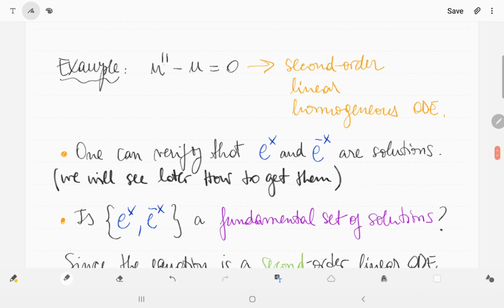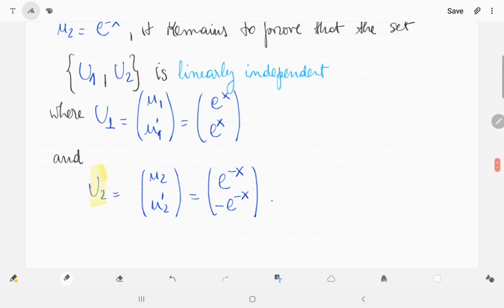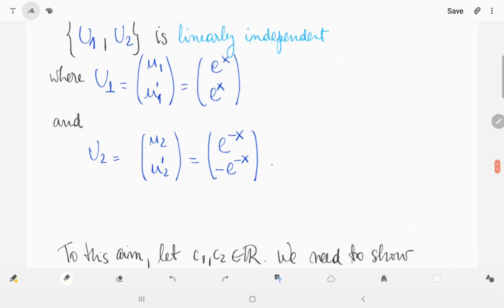Our equation is order 2, so we save the information until one less derivative. e^x is a super easy function to derive, so it's e^x. For capital U2, we have u2 and its first derivative, and the derivative of e^(-x) is minus e^(-x), by the chain rule.